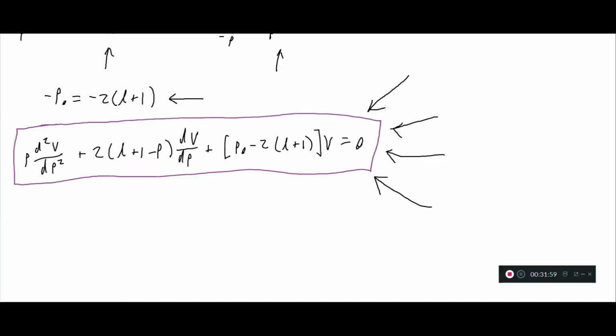And what we'll see is we ultimately end up with the associated Laguerre functions for solutions to this. And once again, remember, this is the radial equation. We're trying to find solutions to the radial equation because we can still use the same spherical harmonics that we found for the infinite spherical potential well.